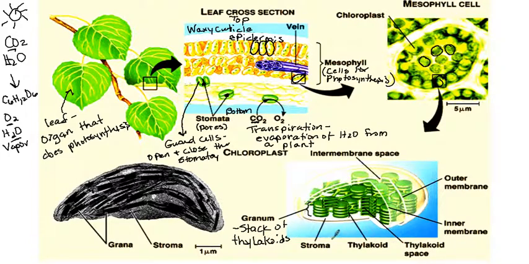Now, each one of these round disc-shaped things is called a thylakoid, and these are the chlorophyll-filled discs inside the chloroplast. So this is where the chlorophyll lives inside the chloroplast.